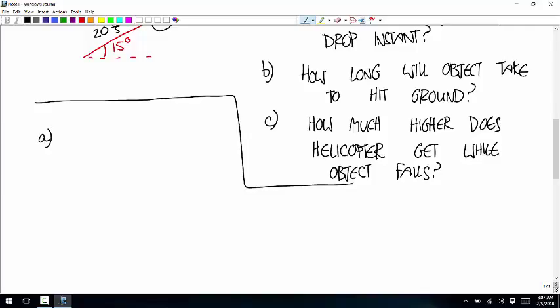So the velocity vector is going to be 20 times cosine of 15, 20 times sine of 15.